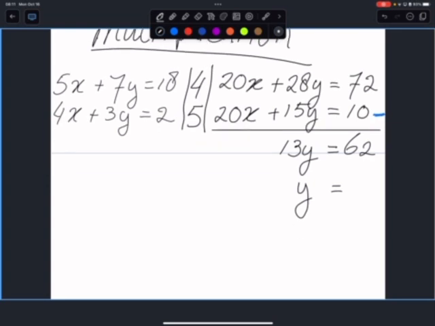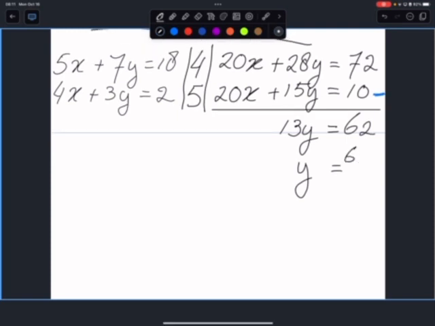13y equals 62. You divide 62 by 13 because 13 multiplied by something is 62. So 62 divided by 13. And that answer becomes, is that 4? No, it cannot be 4. Wait, I may have made a mistake somewhere.